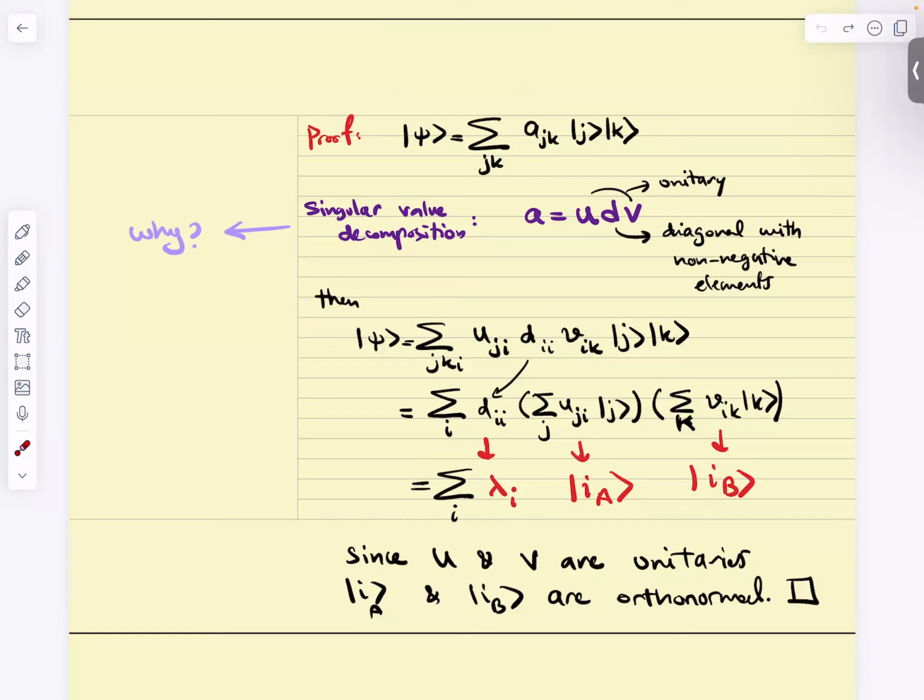You could always write it as a unitary U multiplied by a diagonal matrix, with diagonal meaning only on the diagonal, and those coefficients on the diagonal are all non-negative, finally multiplied by another unitary. This can always be done to any matrix. It's called singular value decomposition.